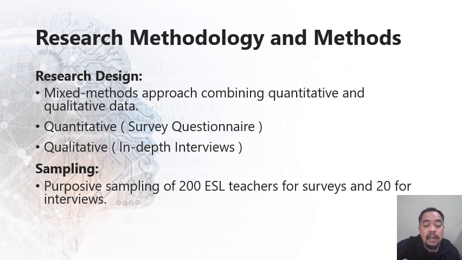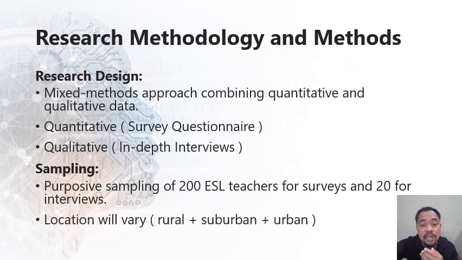For the sampling, I will be using purposive sampling of 200 ESL teachers for surveys and 20 for interviews, which will be picked from the 200 ESL teachers earlier. As for the location, in order to add more validity to my research, the sampling will be based on several locations from rural, suburban, and urban areas, to be fair.